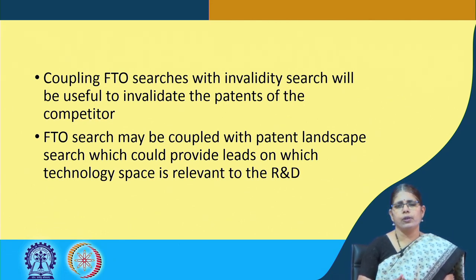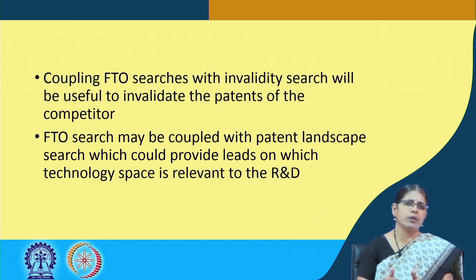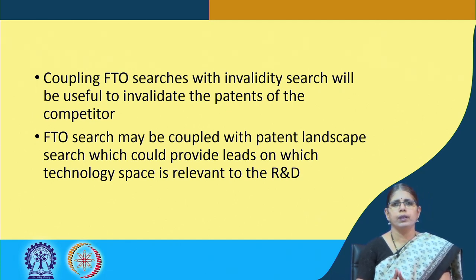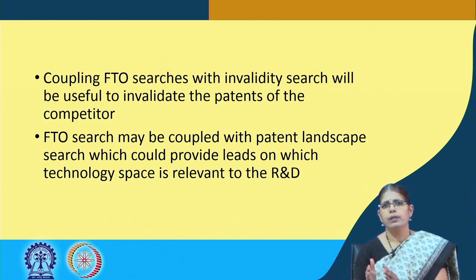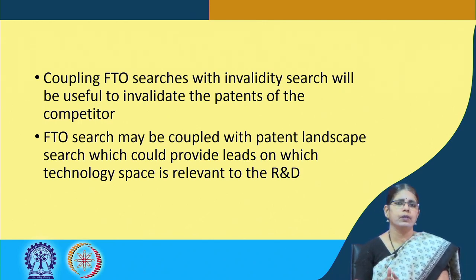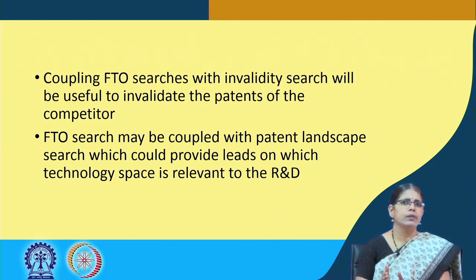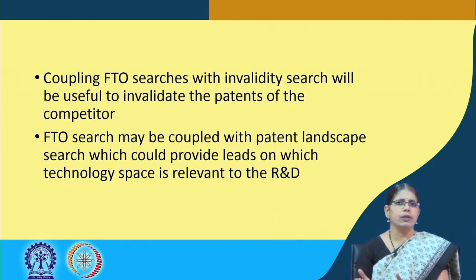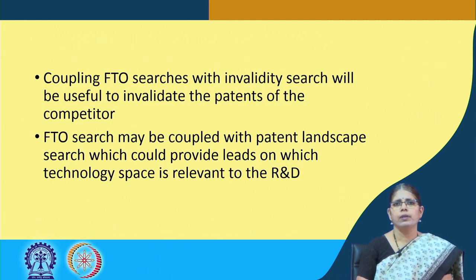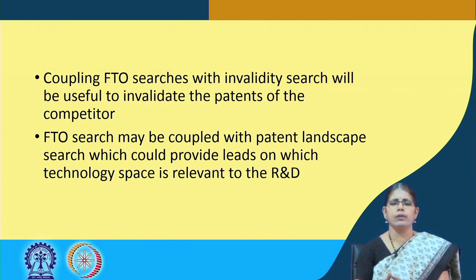Sometimes the FTO search may also lead you to doing a patent landscape search. So, for instance, in the early aspects of the FTO search, if you realize that there is some space in this area of technology where you can actually bring in a product, you may want to assess your invention, a future invention, in the entire technology space.